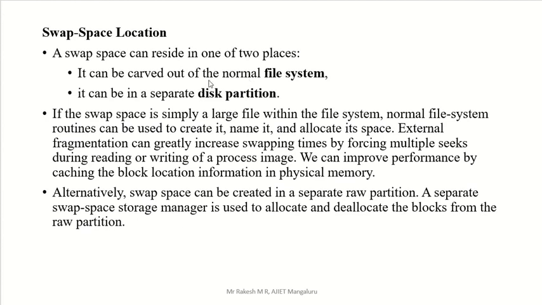In the case of the disk partition, we have to use a separate swap space storage manager. So there are two swap space locations: one is a file system, and the other is a disk partition system.